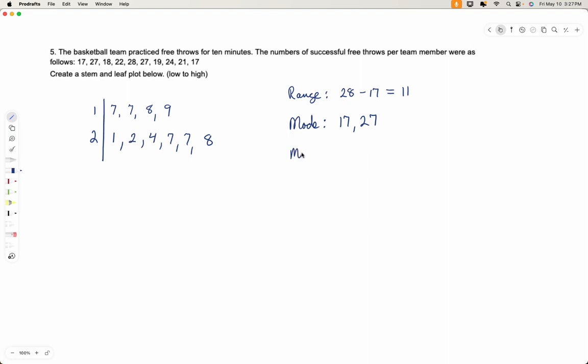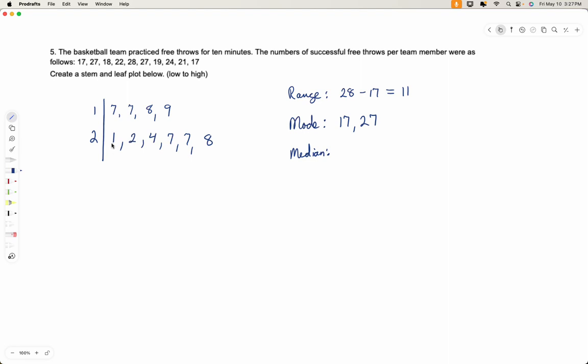Now your median is the number in the middle. Now I know these are not in order, so put them in the right spot whenever you type them in. We've got 1, 2, 3, 4, 5, 6, 7, 8, 9, 10 numbers. So if you have an even number of numbers, there's no middle number. So you take the 2 numbers that fall to either side, which would be number 5 and number 6.